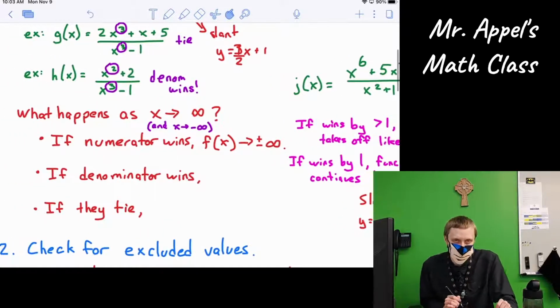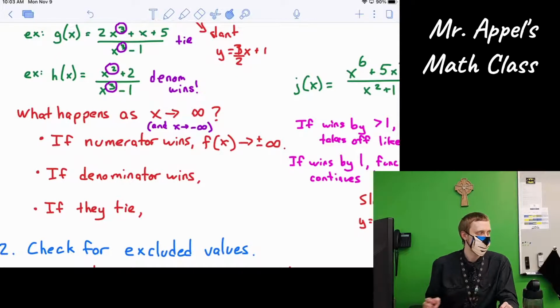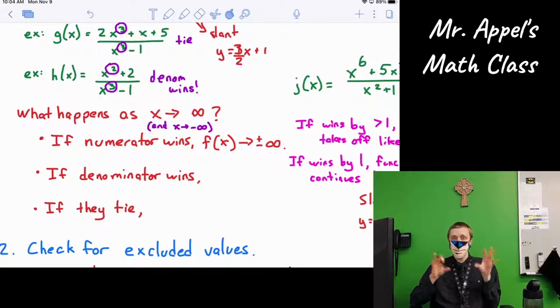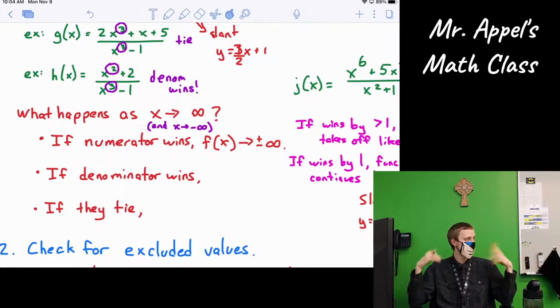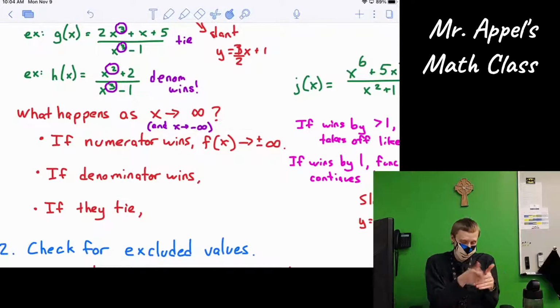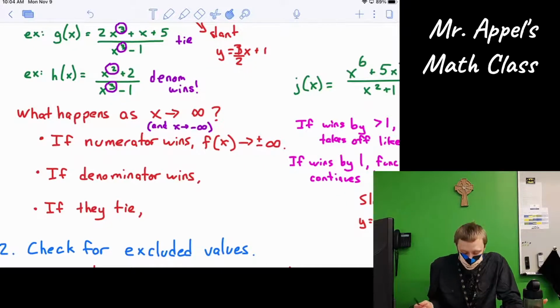If the denominator wins, that is to say, you are dividing by many more millions than you are multiplying by. Dividing anything by many millions is going to leave you with, well, not much. Literally, try to divide up a pie among 1,000,000 people and see how much you have left to eat, okay? It's basically nothing, right? Pathetic. If the denominator wins, it's going to go to 0.